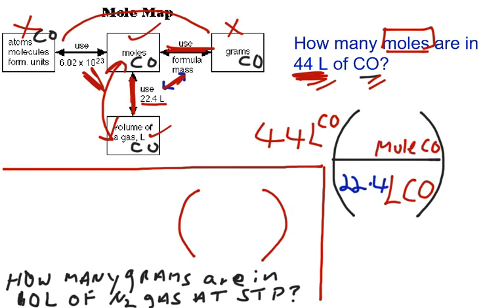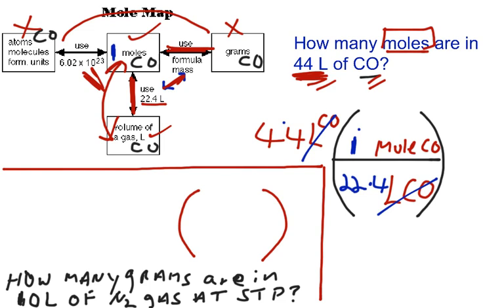Okay, 22.4 goes in the bottom. And 22.4 liters of any substance in terms of gas at STP is always equivalent to, yes, 1 mole. The liters of CO will cancel. 44 times 1 is, yes, 44. And you divide that by 22.4.